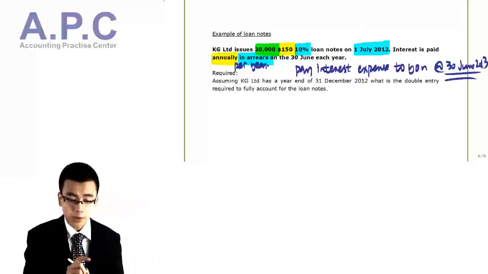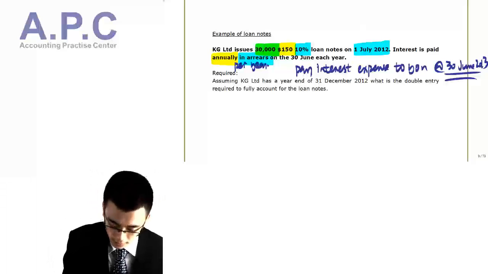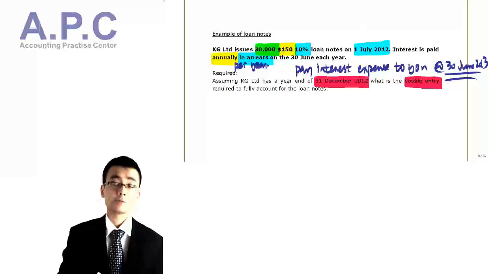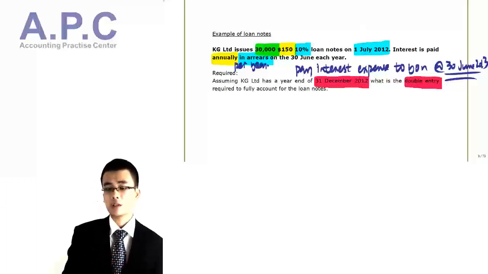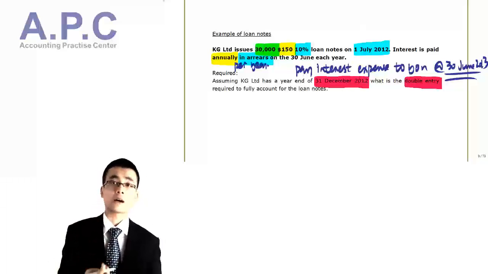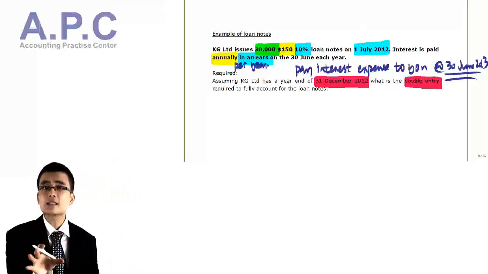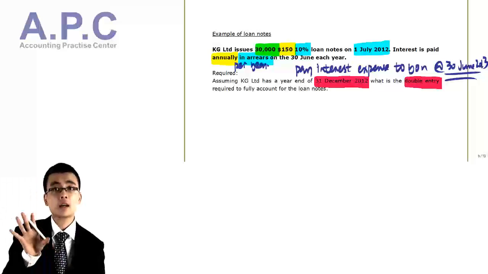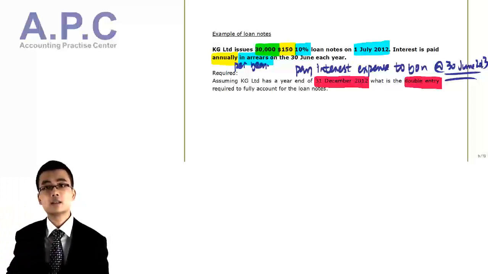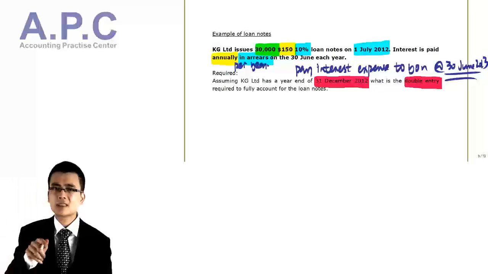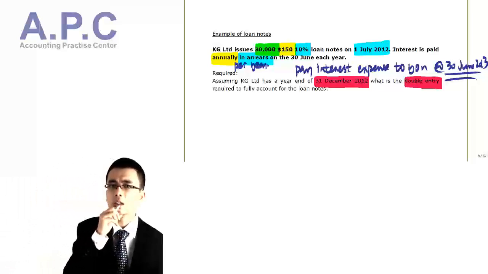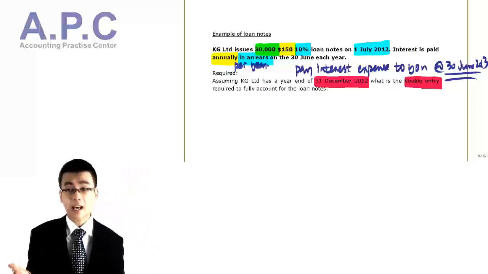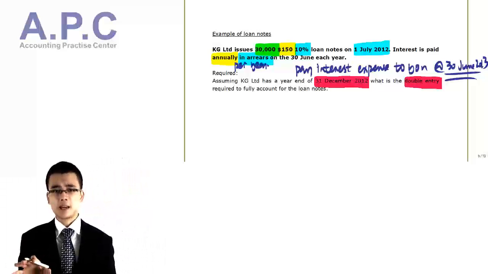The question asks us to show the double entry as at the year end of 31st December 2012, not for 30th June 2013. So we haven't paid the interest expenses to the lender. This is interest payable by the company, so it should be accounted for as a liability, isn't it?